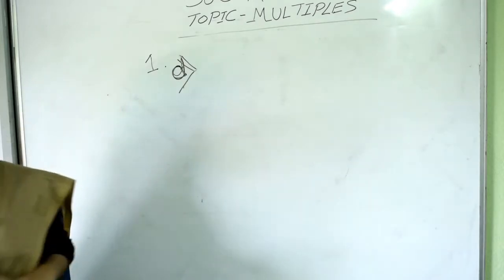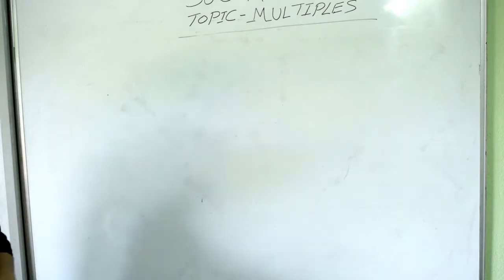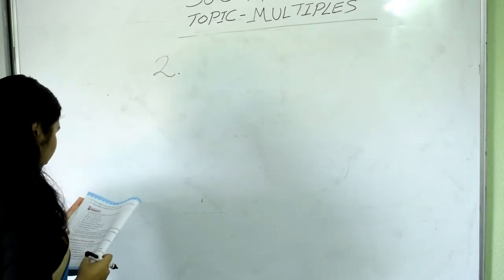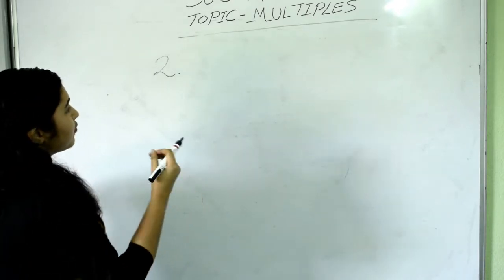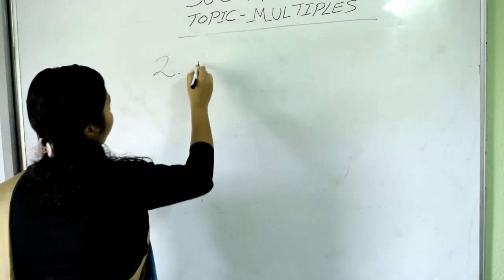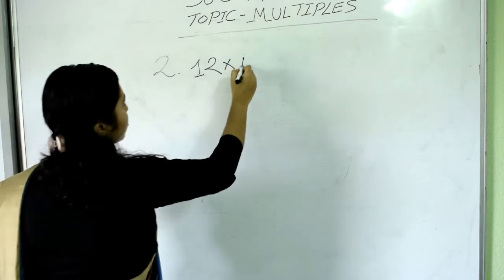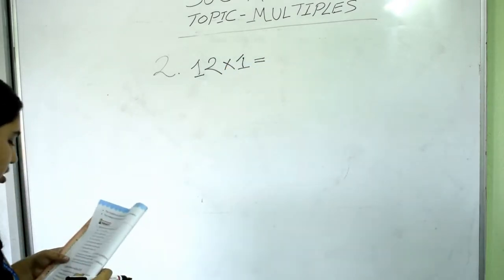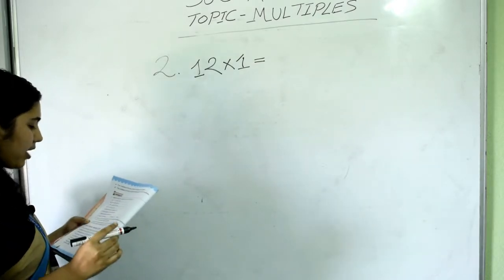Next, question number 2. Find out the first 4 multiples of 12. First 4 means we have to start from 1, because in the question they are asking to write the first 4 multiples of 12.